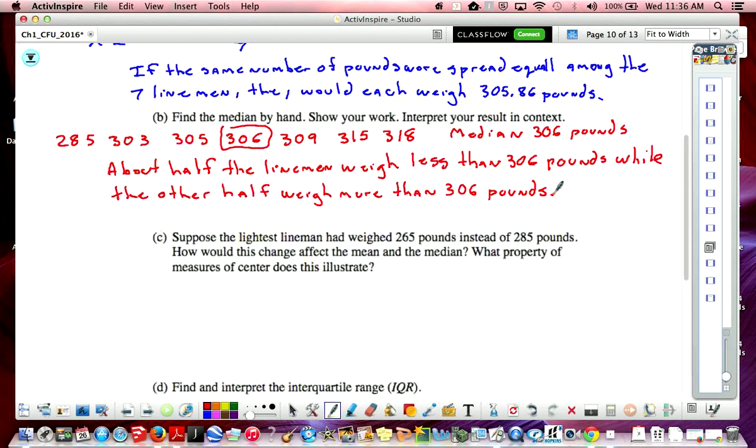Remember, median is kind of like that balance point.